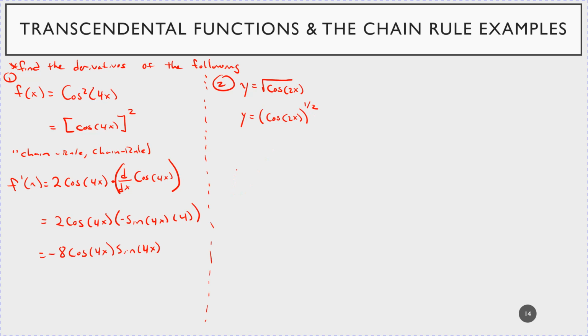Okay. So you're going to need to apply the chain rule here. So dy dx here. Bring the 1/2 down. Leave the inside alone. So cosine of 2x. And then this becomes 1/2 minus 1 gets me minus 1/2. Now the derivative of the inside. Derivative of cosine here is minus sine of 2x, but then I also have to take the derivative of the inside. All right, so the derivative of 2x is just 2.